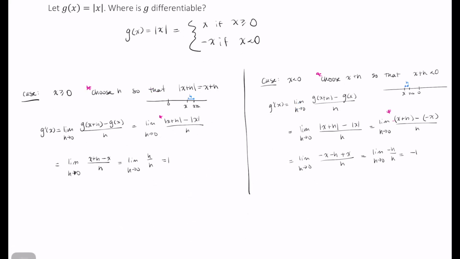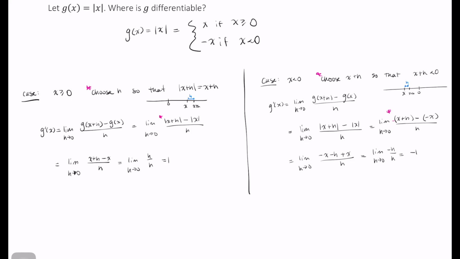All right, so here we are. If we apply the limit definition of the derivative for an x that's larger than 0 to this function, we get 1. And if we apply it to a value that's smaller than 0, we get negative 1.